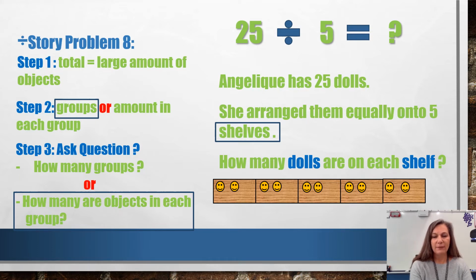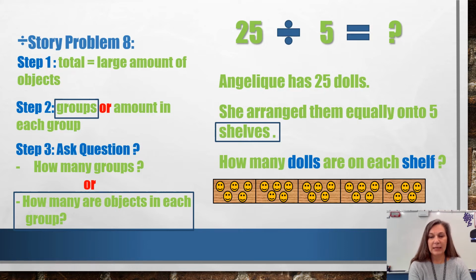So 5, 10, 15, and you'll notice these are all multiples of 5, 20, 21, 22, 23, 24, and now 25. So if you look at the number of dolls that would be on each shelf, you can see that there were 5 dolls on each shelf.